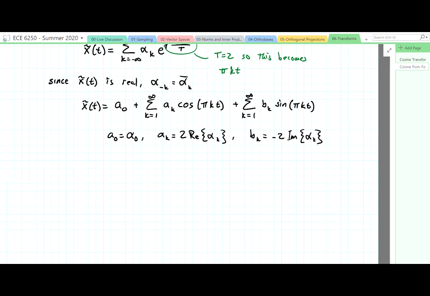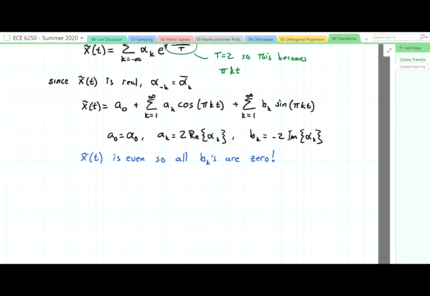Well, great. What next? Well, next, we note that xt is even, so we won't use any odd functions to build that up. That should make intuitive sense. It's actually one of the homework assignments that I sometimes assign.